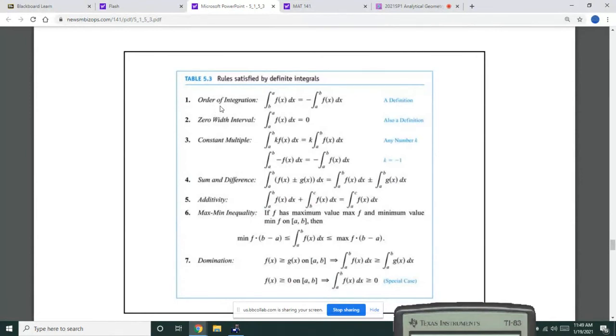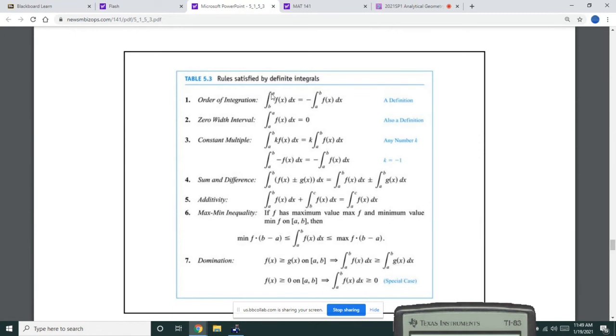If you reverse the order of your limits, notice this thing reads as the integral from a to b of f of x dx, that's equal to negative the integral from b to a of f of x dx. If you reverse the order of your limits, you must multiply your integral by a negative. So that's simply what this means.